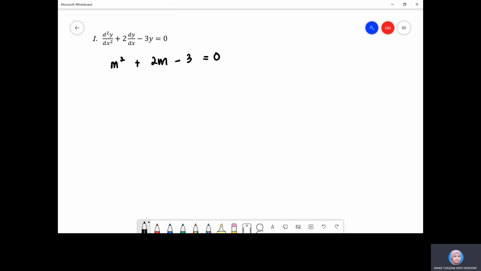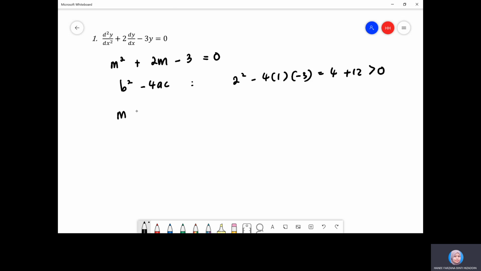And then we check the value of the discriminant. b squared minus 4ac is 2 squared minus 4 times 1 times minus 3, which is 4 plus 12. Obviously this is greater than 0, thus you will have two distinct real roots for the solution of m.